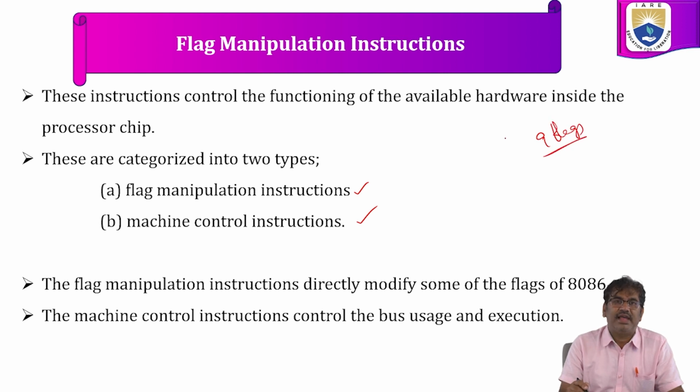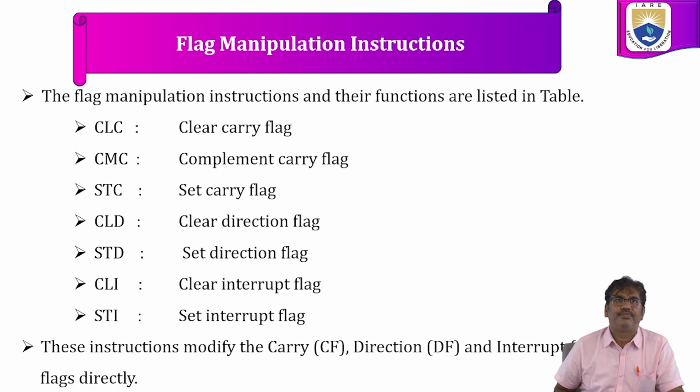Out of these 9 flags, only 3 flags we can change with instructions: the carry flag, direction flag, and interrupt flag. The machine control instructions control the bus usage and execution.